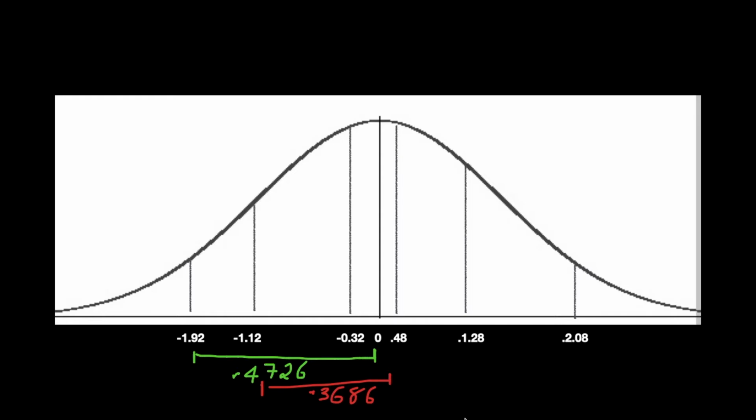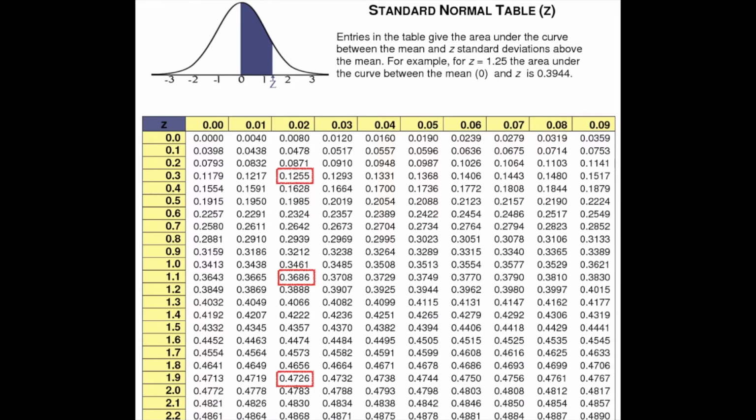For negative 0.32, again we will be looking into the standard normal table, and the value is 0.1255. So from the table we got the values, and for every other value we will be finding the table value or area under the curve. So these will be the values: 0.1844, 0.3997 and 0.4812.